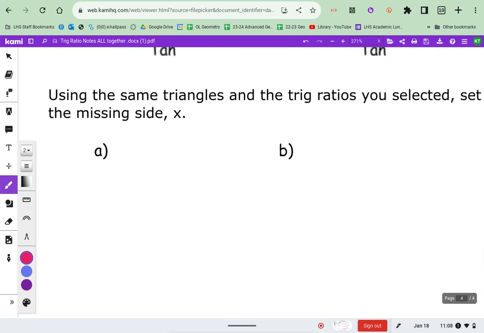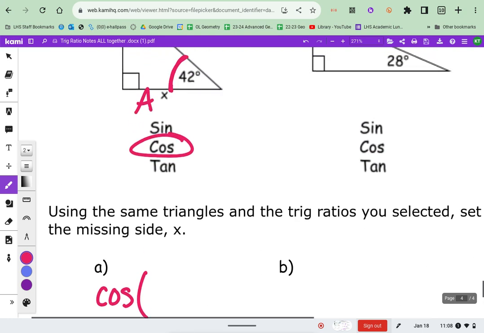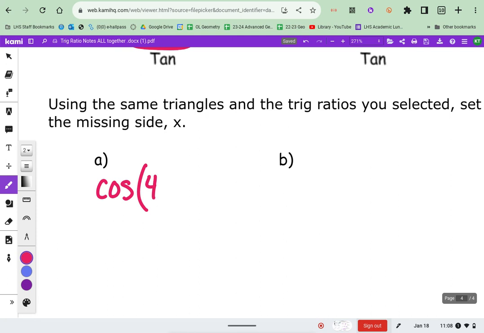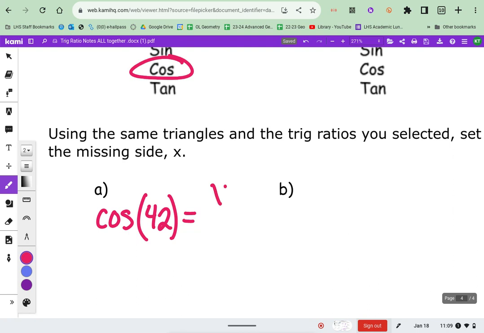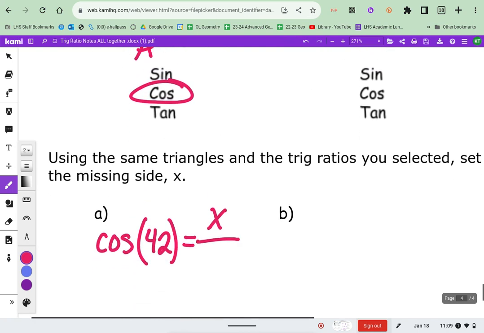All right, so we always say cosine of our angles in degrees, so cosine of 42 degrees. So that ratio is equal to the adjacent side, so X, over the hypotenuse, so 18.